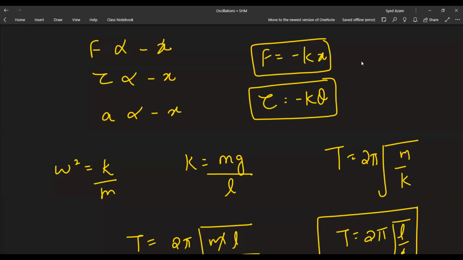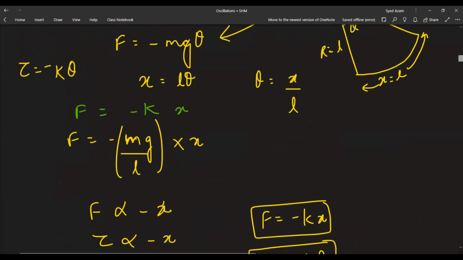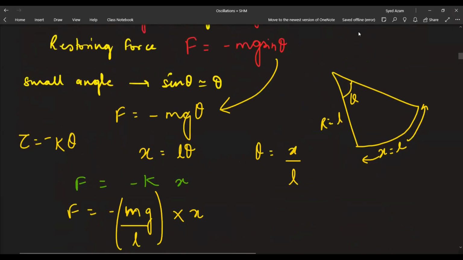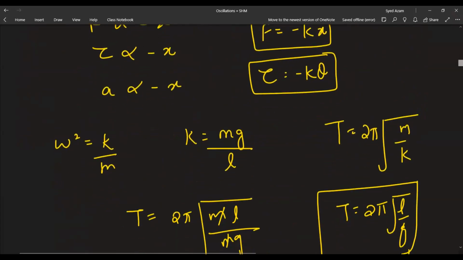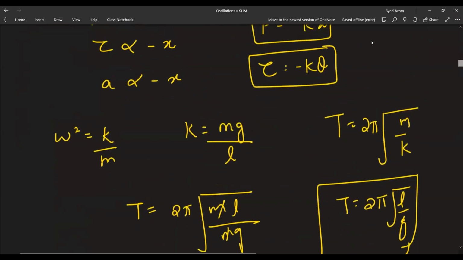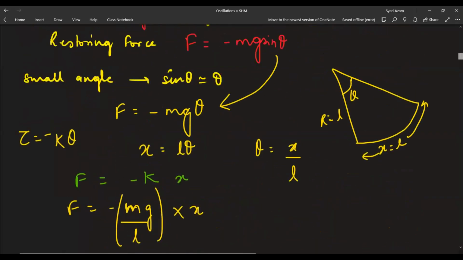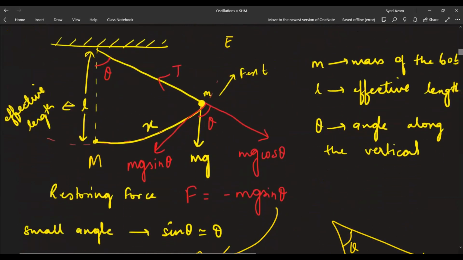Ma'am, can you scroll up for a second? Done, ma'am. Ma'am, can you explain the torque part? Which one, Shaima? The torque part. This one, the figure. Acha, torque.